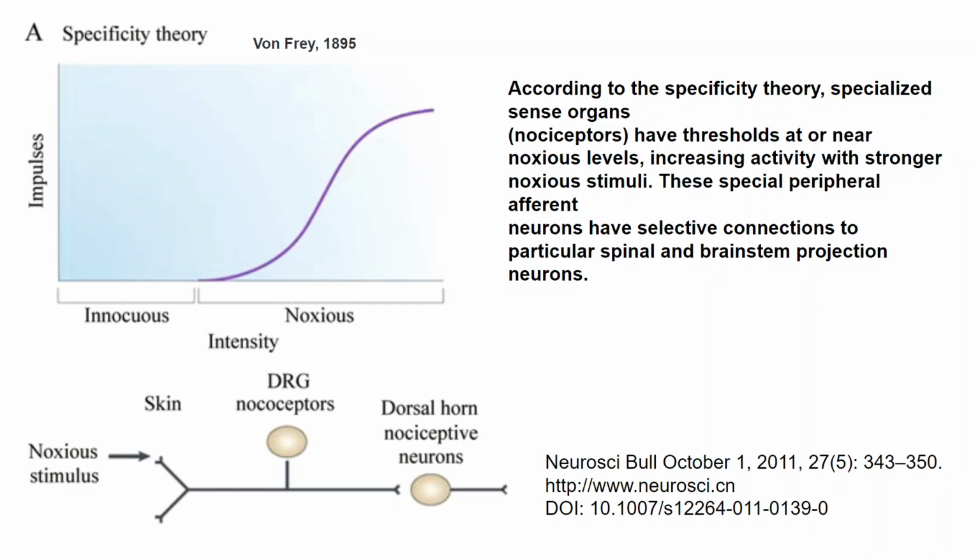The specific theory was established by Von Frey in 1895, and according to this, there is a specific threshold. According to this specific theory, there are certain nociceptor nerve endings among the nerves which carry the normal sensation.